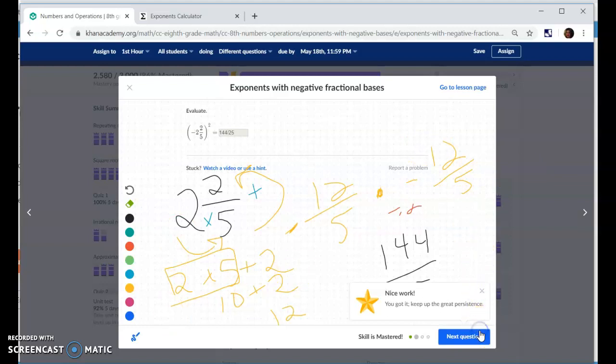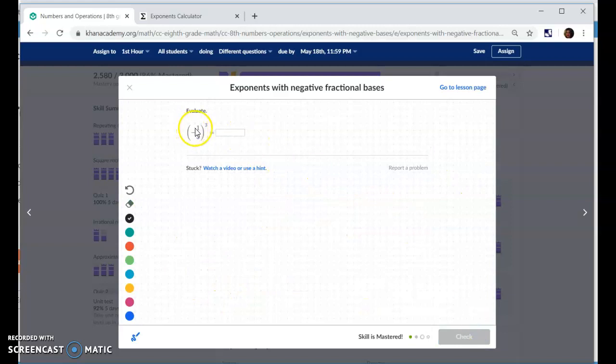Okay, one more question here. -1/3 to the 3rd power, and notice that this is in parentheses, so our base is negative and our exponent is odd. That means our answer is definitely going to be negative. So this is what we're looking at: 1 to the 3rd power over 3 to the 3rd power. 3 times 3 times 3.